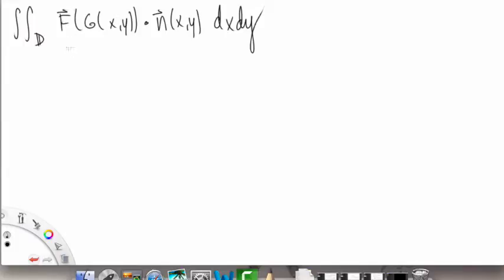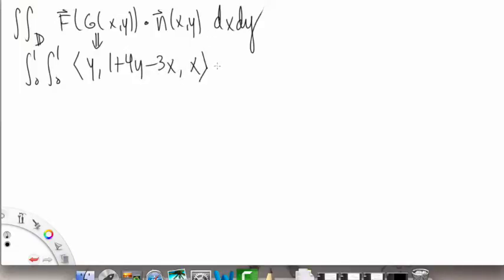The bounds on x and y were 0 and 1, so we write zeros and ones. In our integral we had y, comma, 1 plus 4y minus 3x, comma, x, and then our normal, which we found was 3, negative 4, and 1, and then dx dy.